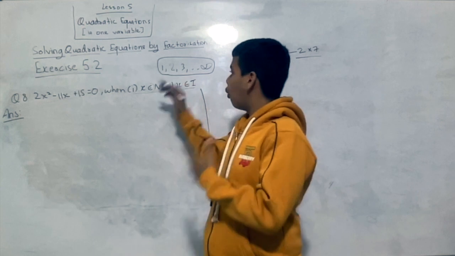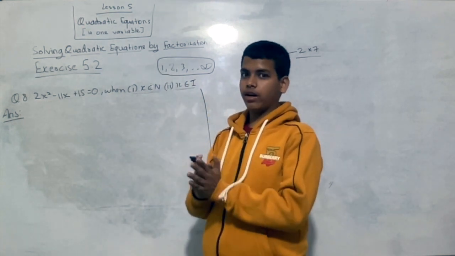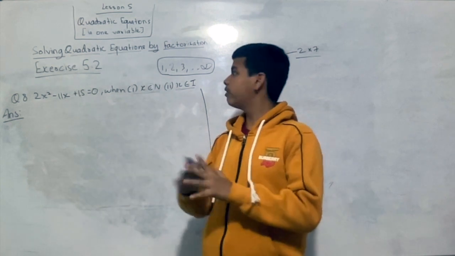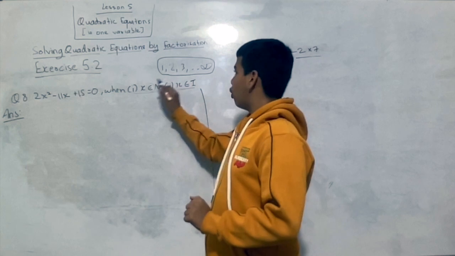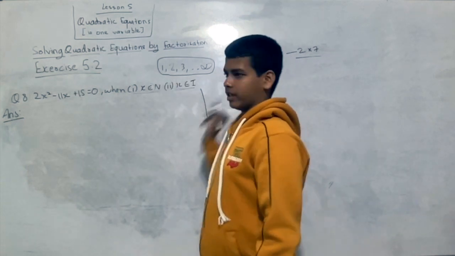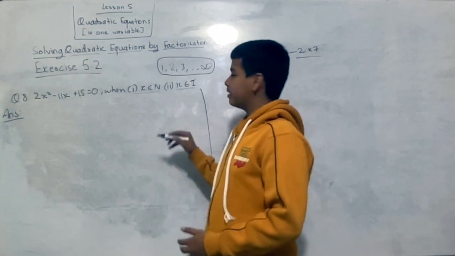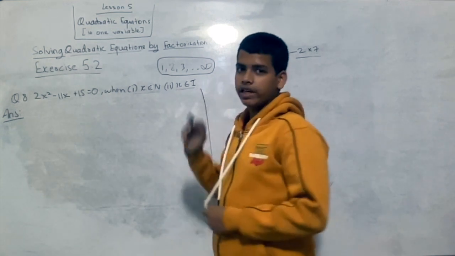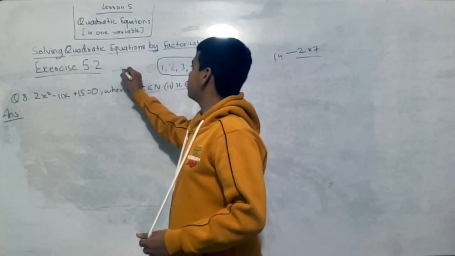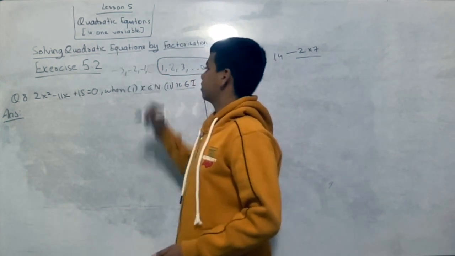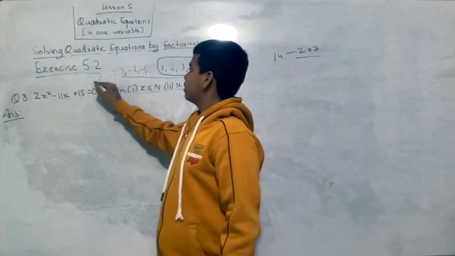It should be a whole number, not a fraction, like 1, 2, 3, 4, etc. In the second question, we have to find x such that x belongs to integers, and integers include positive numbers, 0 as well as negative numbers. So we have to find x such that x belongs to any of these criteria.